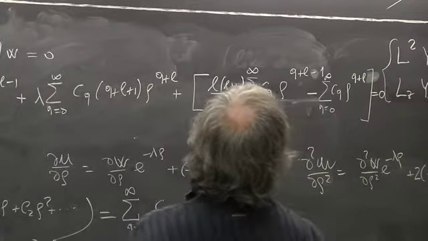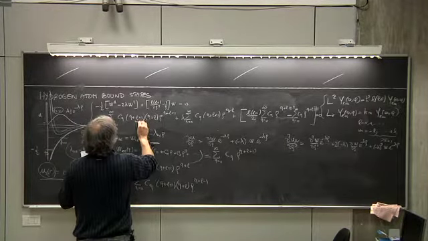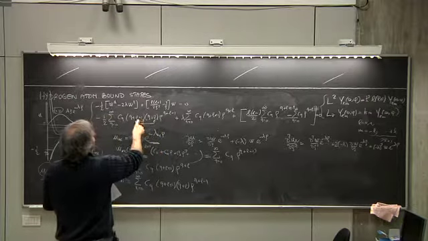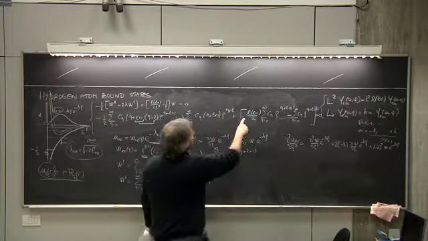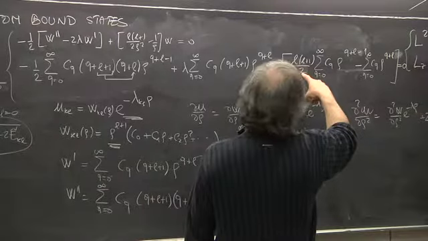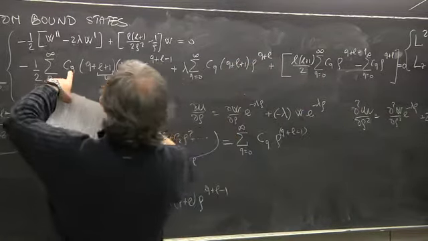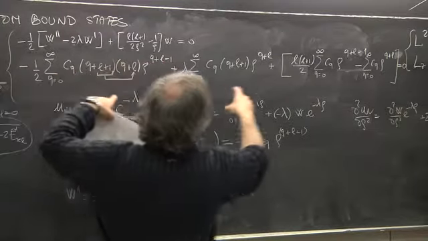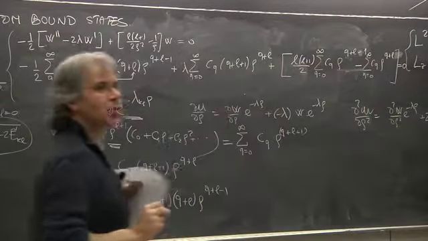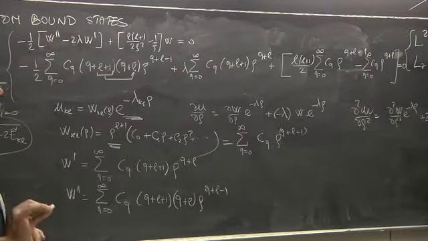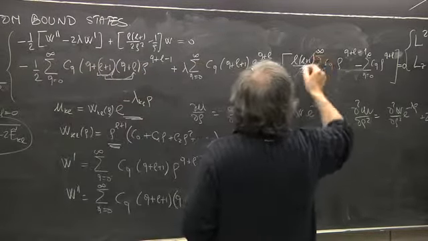The second thing that you notice is that here there is a term coming from this multiplying this, which is (l+1) times -1/2, and here (l+1)/2, again without the minus. And the rest is the same: c_q ρ^(q+l-1), c_q ρ^(q+l-1). So you realize that they cancel exactly. This piece times that cancels with this.